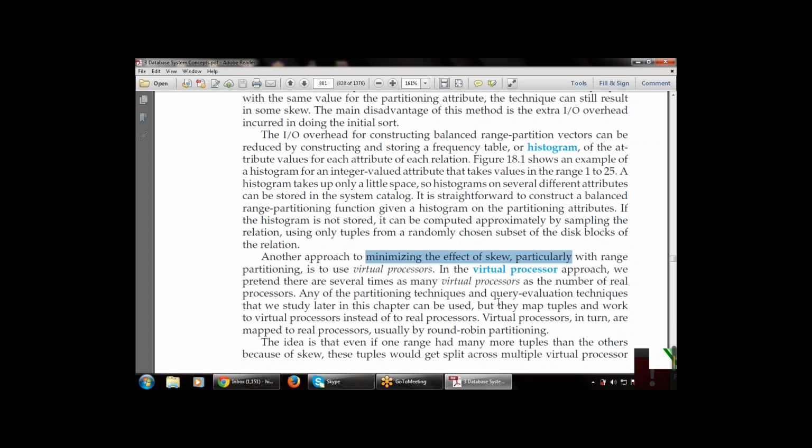Another approach to minimize the effect of skew, particularly with range partitioning, is to use virtual processors. In the virtual processor approach, we pretend that there are several times as many virtual processors as the number of real processors.